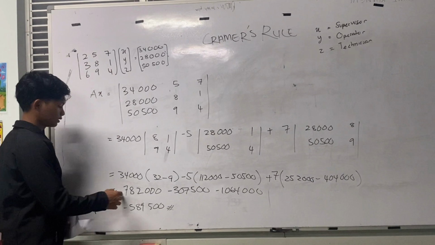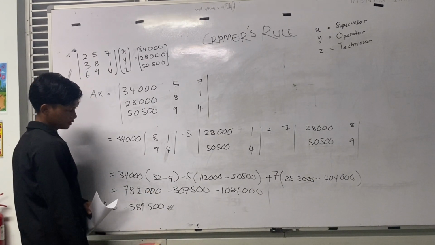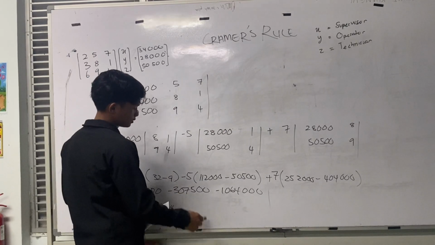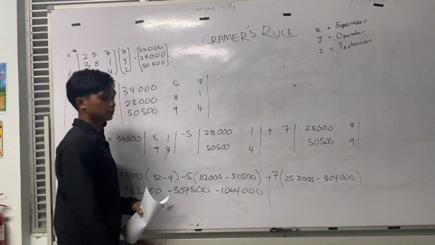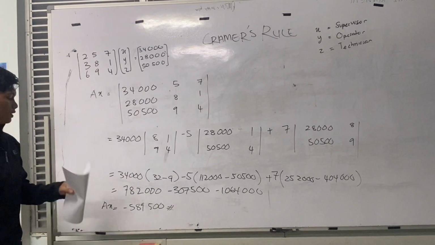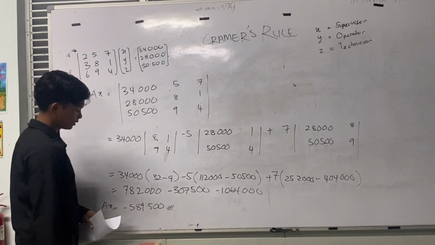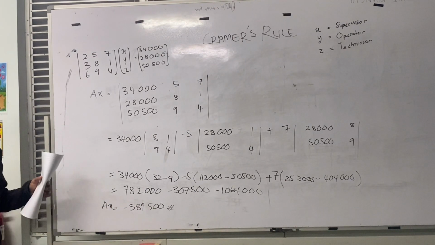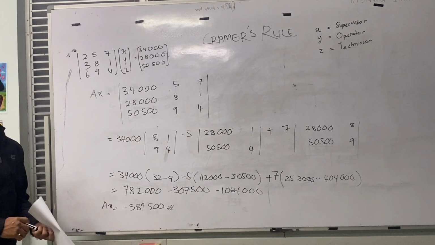Then you will get 782,000 minus 375,000, and then 1,046,000, and then the AX will be negative 589,500. That will be your final answer.